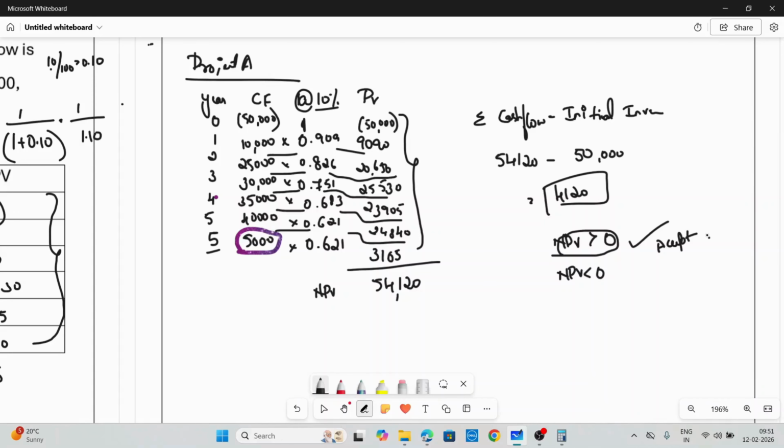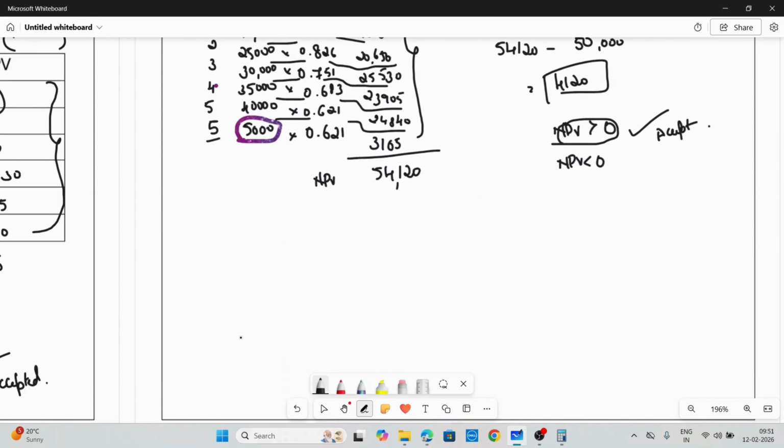Now let's move to project B. Here CF at 10% discount rate, PV. Again calculate 1, 2, 3, 4, 5 and 5.